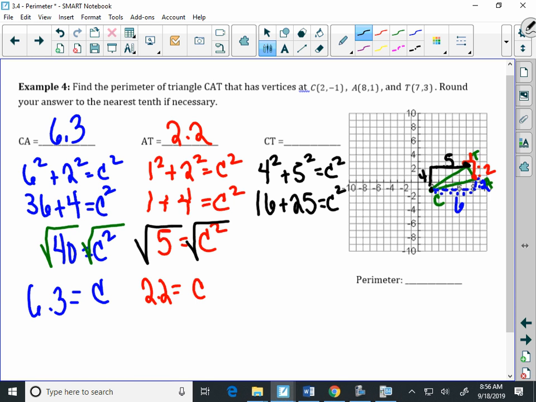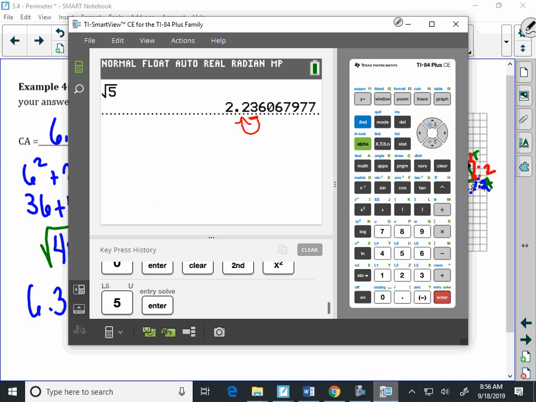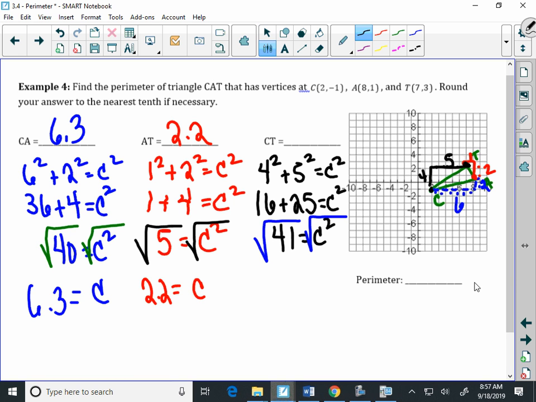And 16 plus 25 is 41 equals c squared. And we're going to take the square root of both sides to figure out what that value is. So we pull out Desmos, or our graphing calculator, and the square root of 41 gives us 6.40. So that's nice. We're looking at the 0 to determine what to do to 4, but that 0 is 4 or less, so this last one is going to be 6.4.